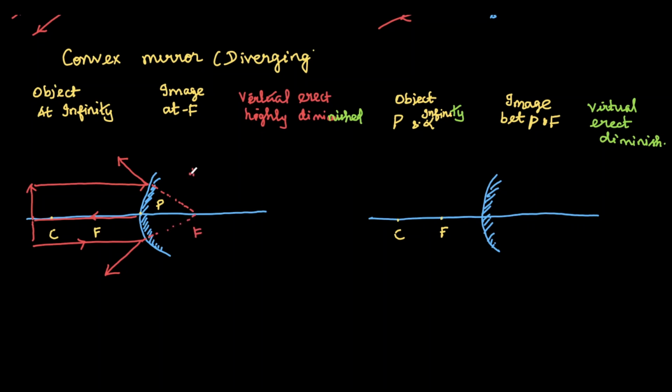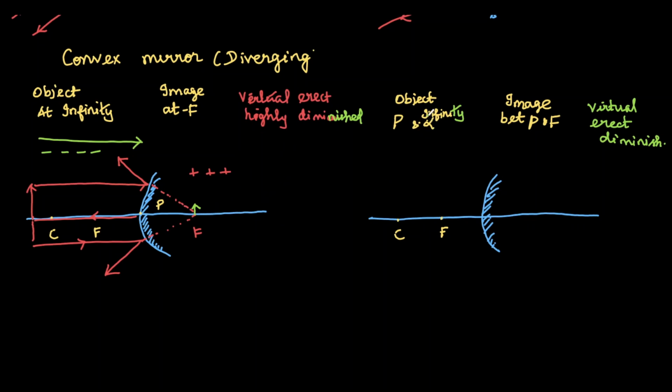Actually it lies on the positive side, because the incident ray direction is pointing towards the positive side, the left hand side it will be negative. So the image will be formed here at focus. The image will be virtual, erect, and highly diminished, very small, at focus.